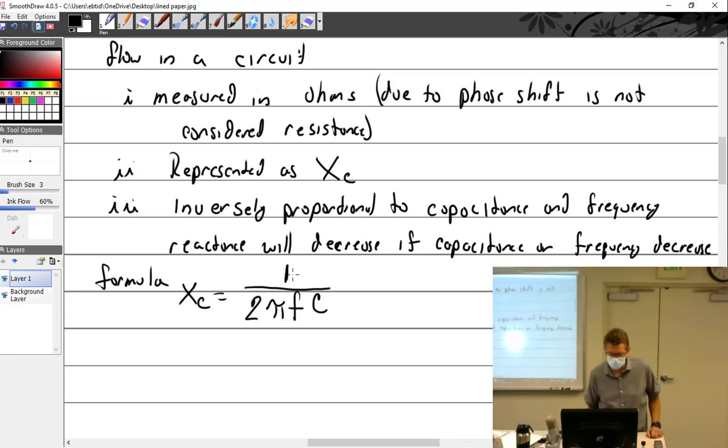So 1 over 2 pi FC, and it's going to be represented in ohms. F equals frequency, and C equals capacitance in farads.